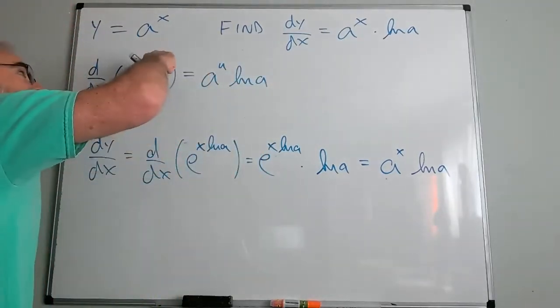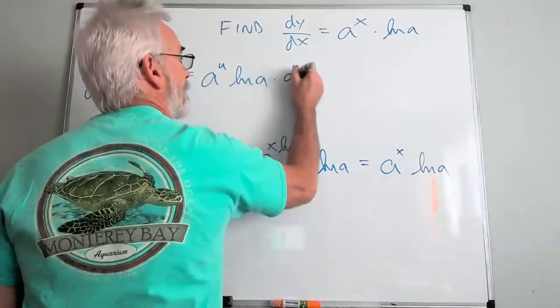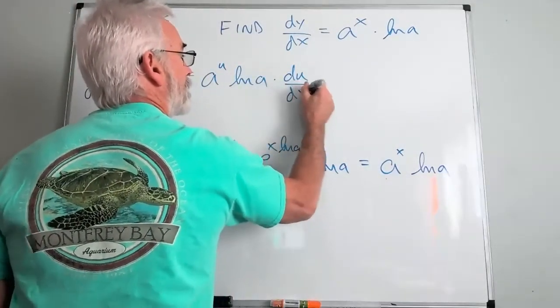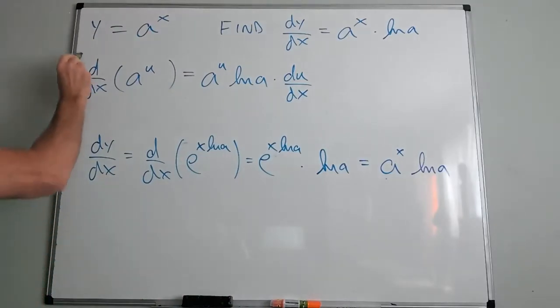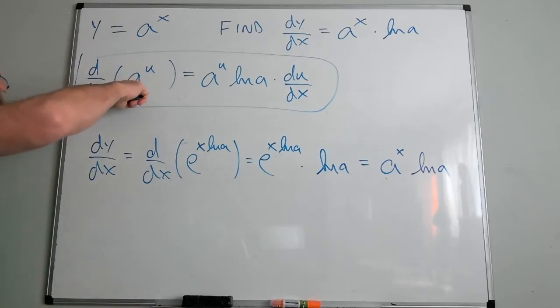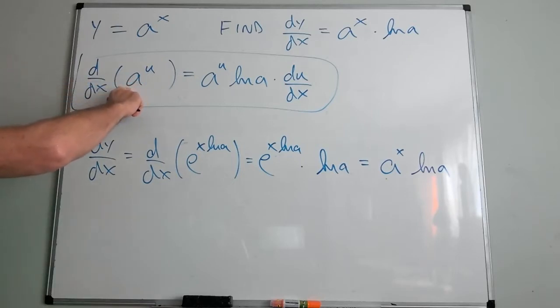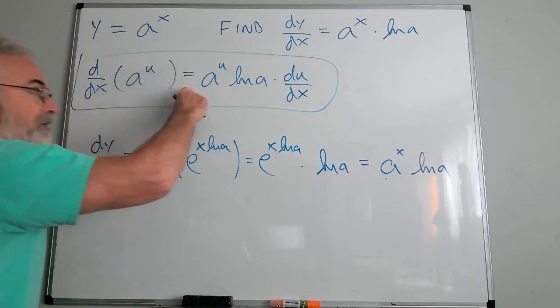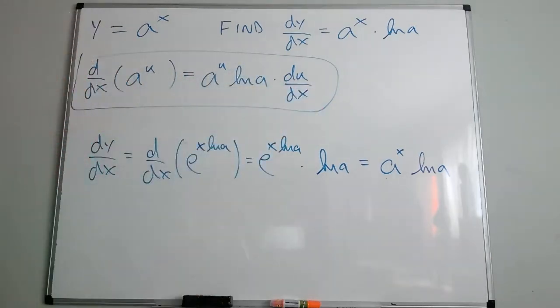And at some point, I've got to take the derivative of u, so then times the chain rule factor. And this is the grand formula that we've now derived. I can now differentiate any base. We already knew how to do e to the u. The derivative of e to the u last day was e to the u times the chain rule factor. So now we have any base to the u, which is practical.